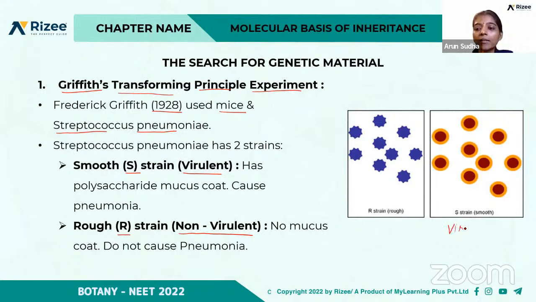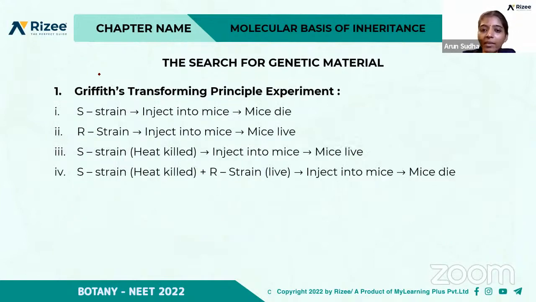So what he did is, when he injected the S strain into the mice, the mice die, because the S strain is the virulent strain and it is capable of causing the disease. And when the R strain is injected, the mice live because it is not virulent and it is not causing the disease.